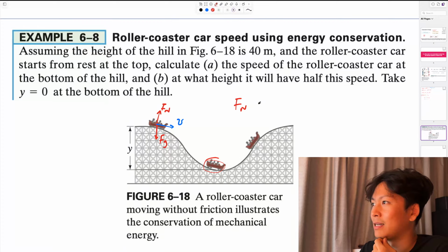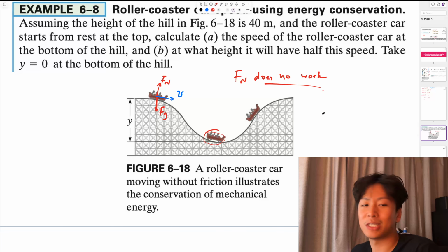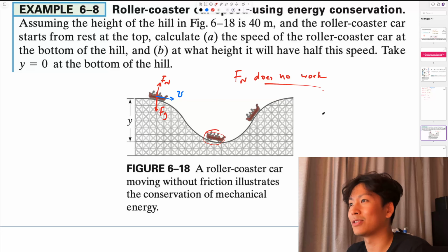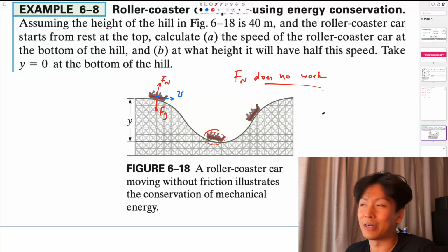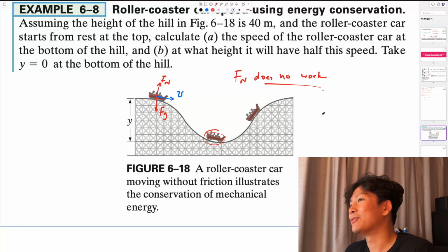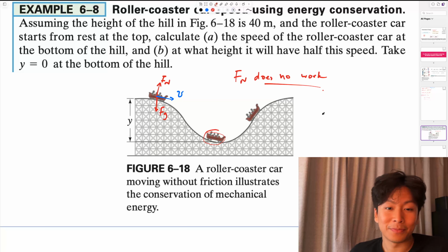So I can ignore it for my energy question because it's not doing any work, so it's not transferring any energy. For all intents and purposes, the only force doing any work in our case is the force of gravity. And so therefore only conservative forces are acting on the roller coaster because we're ignoring friction and air resistance. And so therefore I can apply my equation, right?